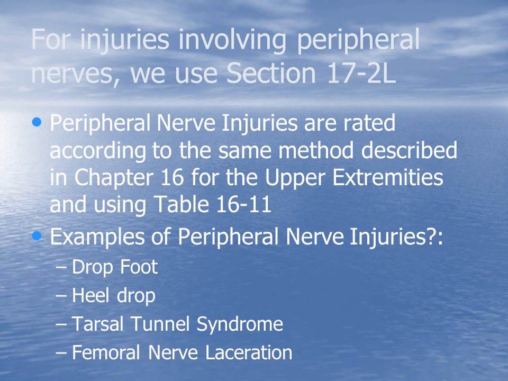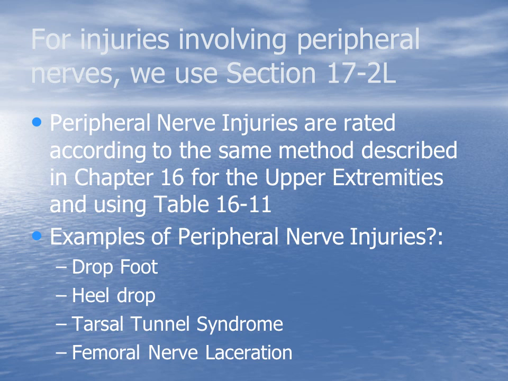And in fact, we're going to actually use Table 16-11 for grading muscle strength of lower extremities, just as we use Table 16-11 for the upper extremities. Okay, so the procedure in Chapter 17 is going to be exactly the same as the procedure that we use in Chapter 16.